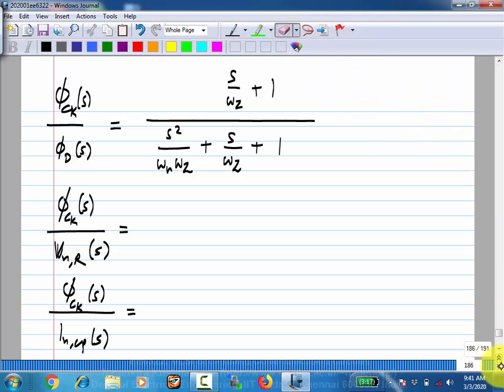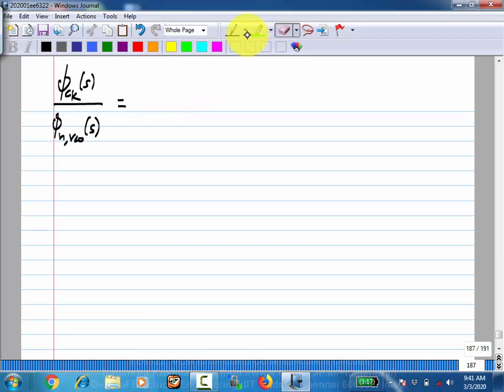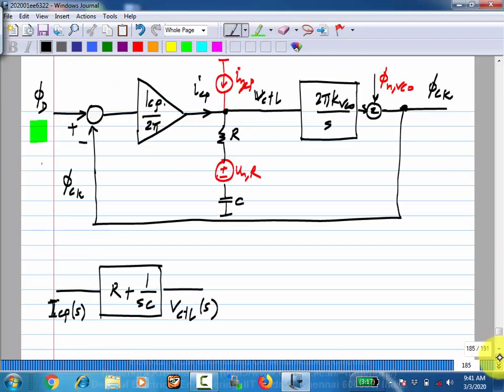And now I also said this is easy. What is this now? Phi n VCO is added here. That is the output, and you have the rest of the loop. So what will be phi ck by phi n VCO? 1 by 1 plus L. I think you remember this, right?